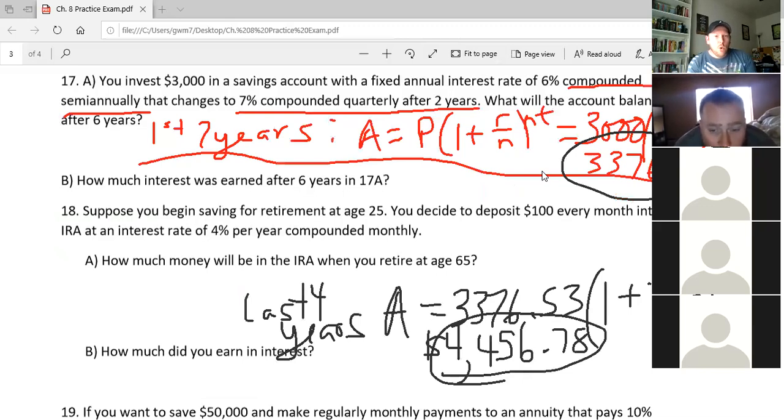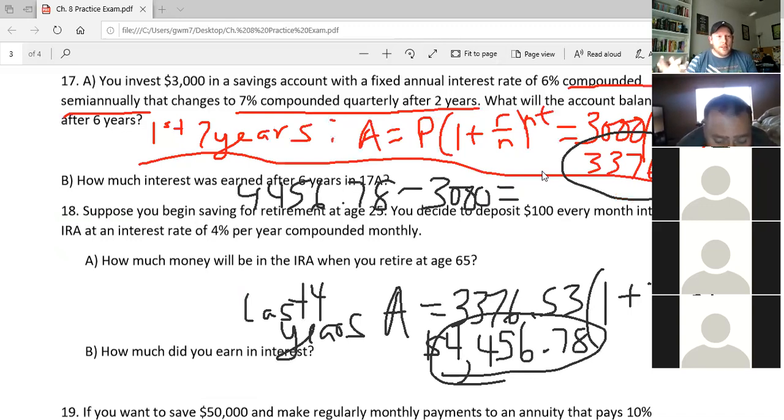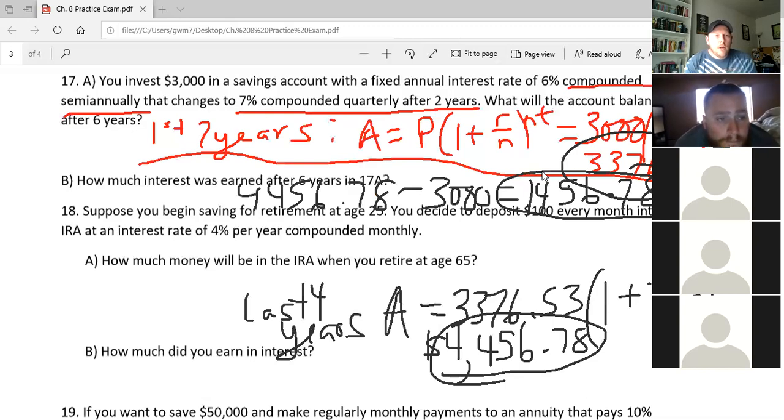So if I take the total, 4,456.78, and I subtract the amount that I put in, 3,000, the rest of it is going to be interest that was just given to me for letting it sit there. So that is $1,456.78. Any concerns so far?